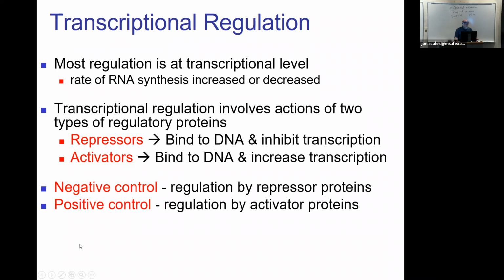Okay, if a gene is controlled by basically keeping it off, then we say its regulation is negative control. It needs a repressor to make it not be transcribed. And in the absence of that repressor, it would be transcribed. So we think about its default state.